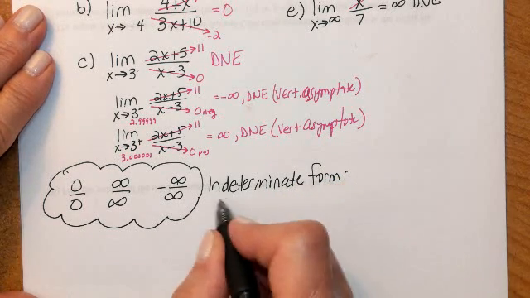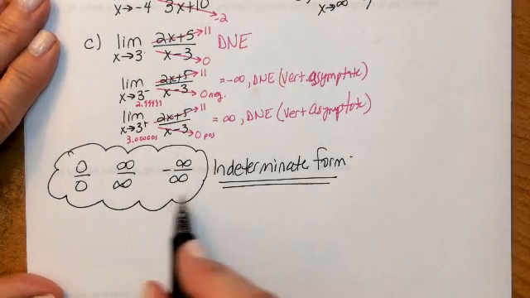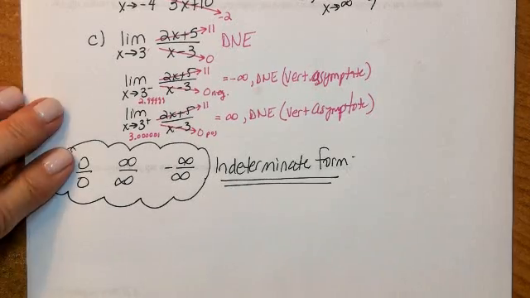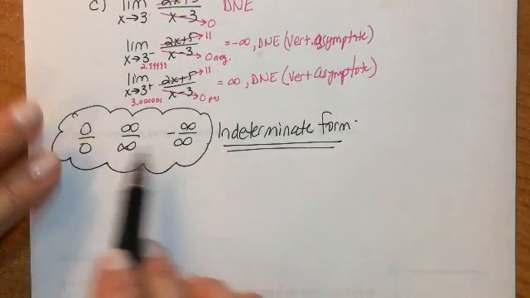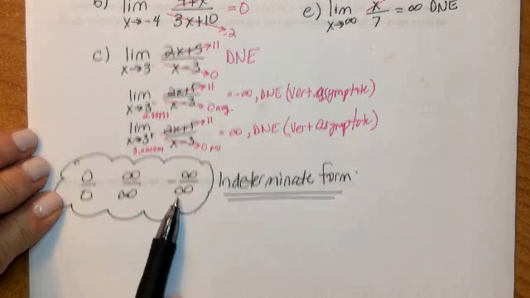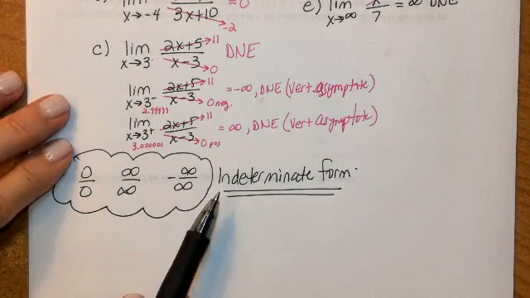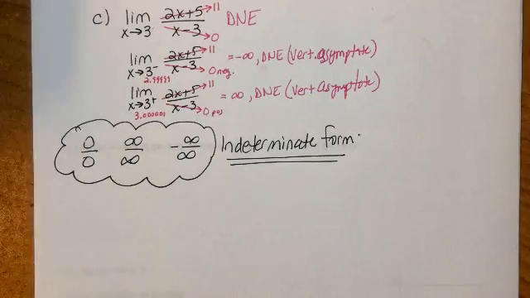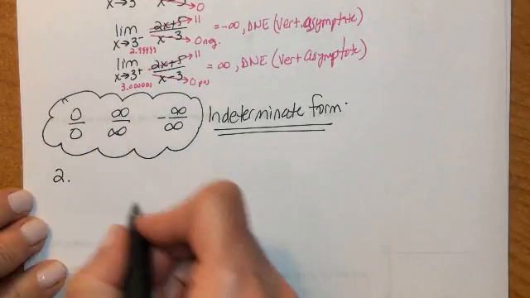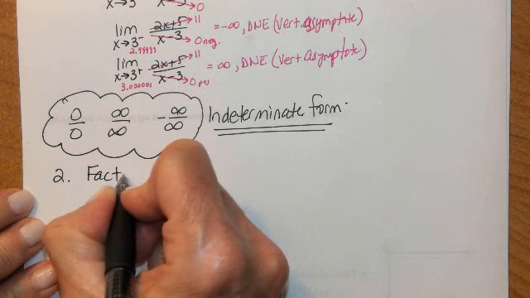There are others, but these are the three types that we see here in this first unit. We will meet others later on. I believe it's in January we get there. Maybe later. No, I think it's in January. Anyway. All right. So when you use substitution, if you get one of these indeterminate forms, then you don't know the answer immediately, and we have to use a different technique. The first of these different techniques is the factor and reduce method.